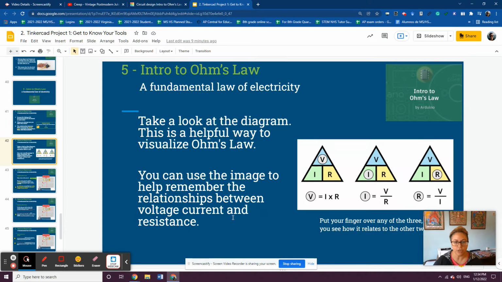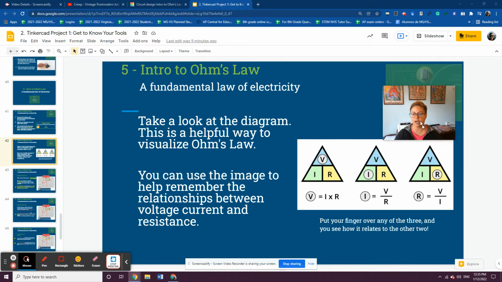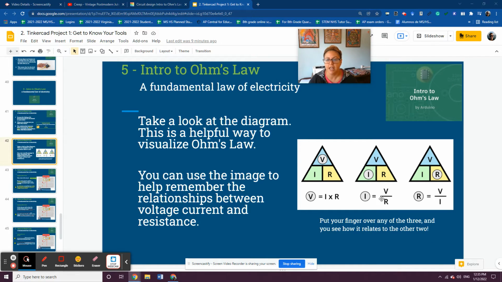A super fun way to remember this is, I'm going to move this up here for a second, this is a little image to help you remember how all three work together. Say you didn't know the voltage. That would be like taking your thumb and putting it over top of the V at the top of this triangle.